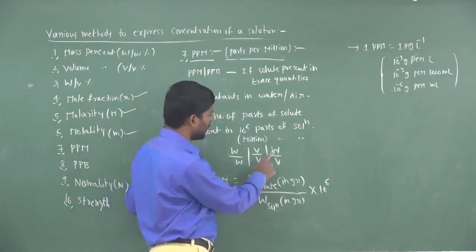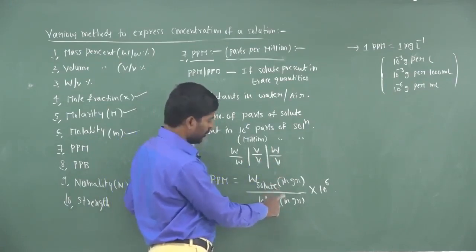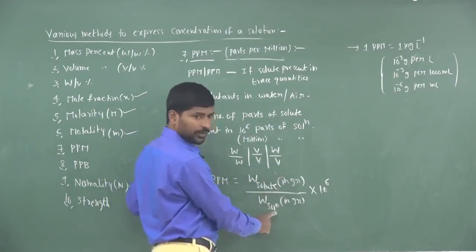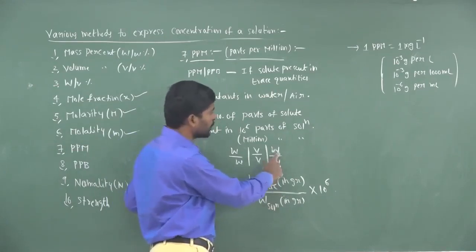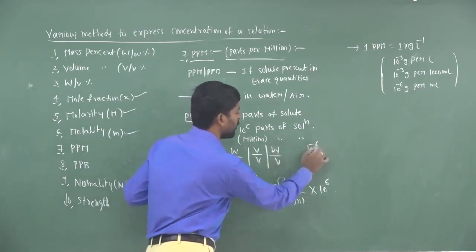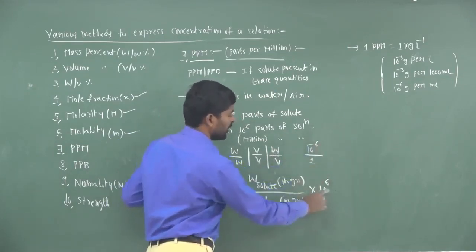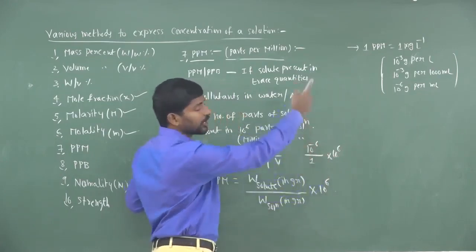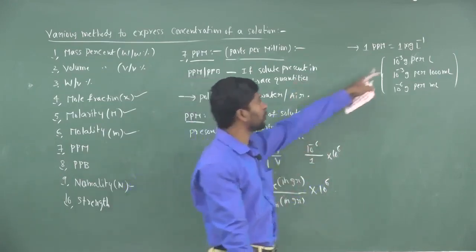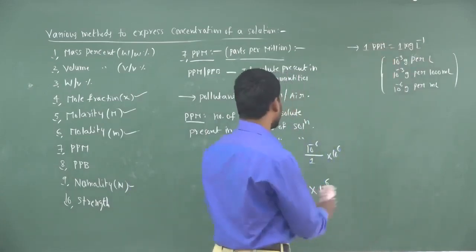Taking weight by volume, weight of solute is 10 power minus 6 by volume of solution, 1 ml, into 10 power 6. The 10 power plus 6 and minus 6 cancel, and we get 1 ppm. So 1 milligram per liter is nothing but 1 ppm.